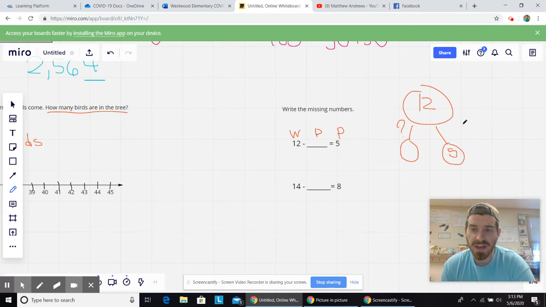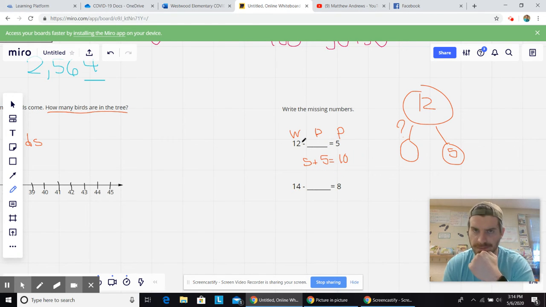So maybe if I keep adding to that 5 until I get back to the 12, I can figure out what we took out. I can figure out what's missing, what the other part is that goes with 5 to make 12. So what I'm going to do is I know that if I do 5 plus 5, it's going to get me to 10, which is really close to 12. So I'm going to do 5 plus 5 equals 10.